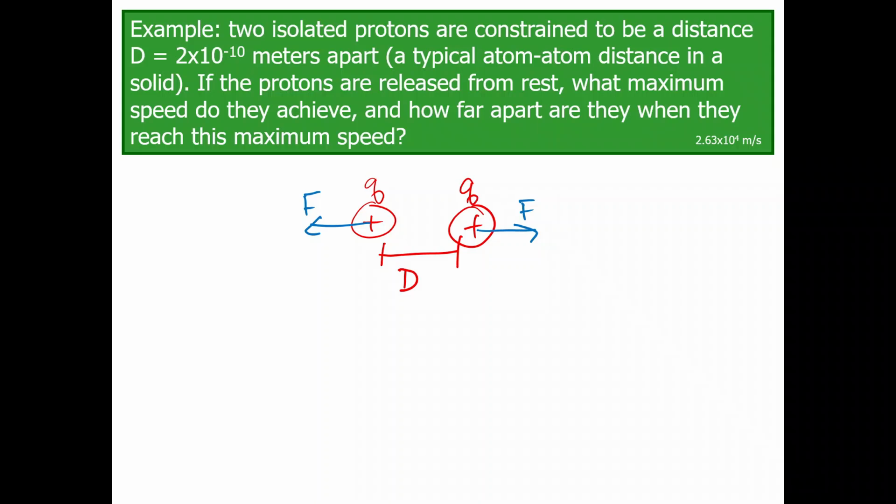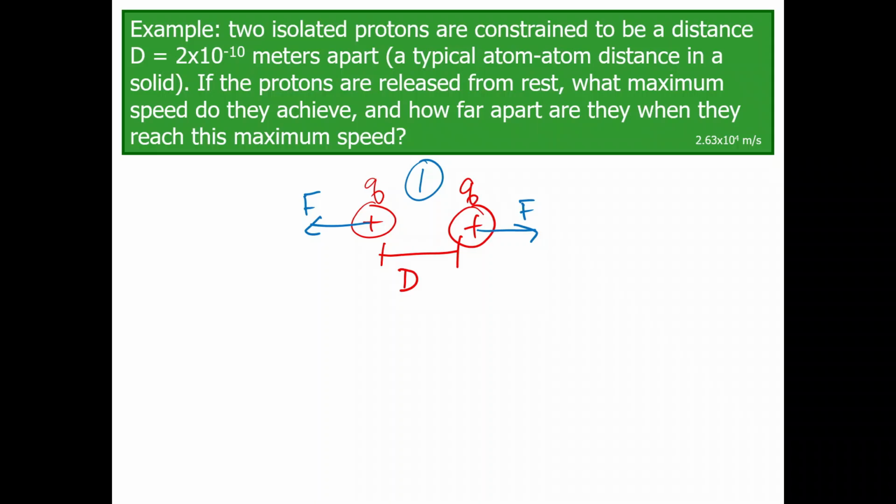So it's a lot easier to solve these types of problems with conservative forces when we're looking at speeds and energies using a conservation of energy standpoint. So essentially here at position 1, I'm going to call this their initial position, state 1. They are going to be at a separation distance of d.